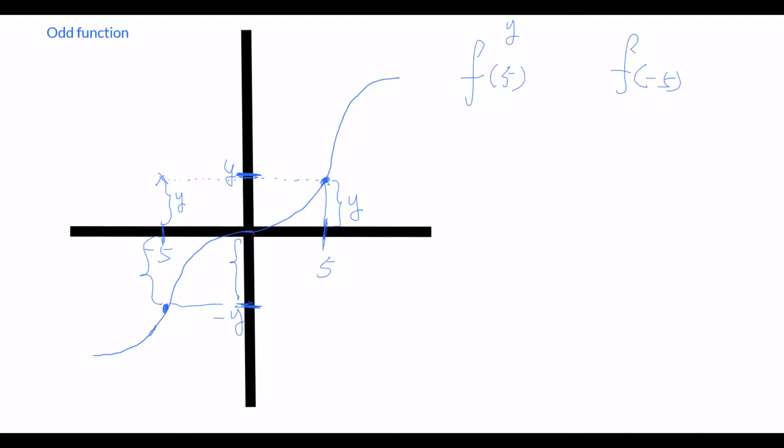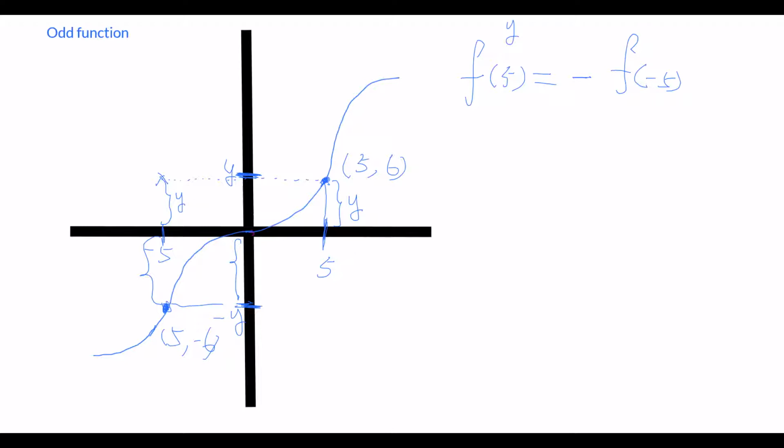Therefore, the difference is the sign. It means if this point is (5, 6), then this point is (-5, -6). Okay, this is an odd function.